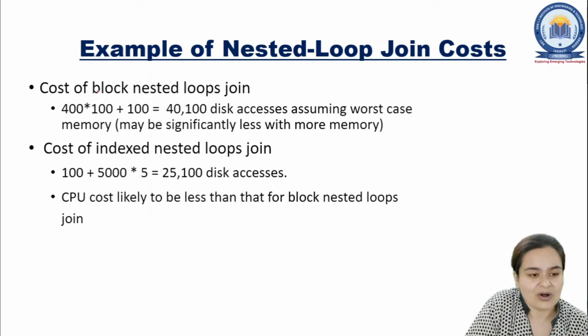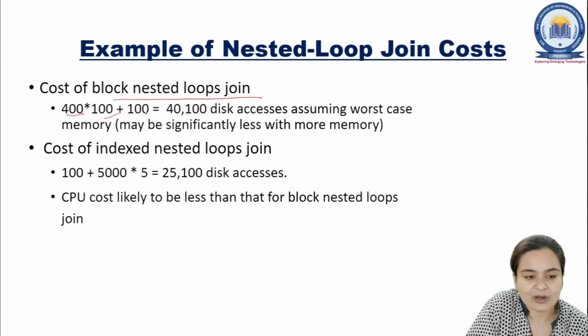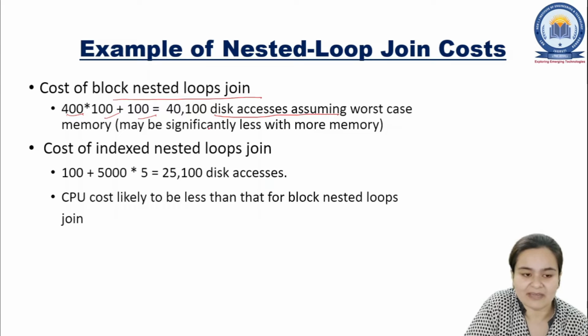So what is the cost that we can have for block nested loop join? That will be 400 into 100 plus 100. That many disk accesses will be needed, assuming the worst case memory.